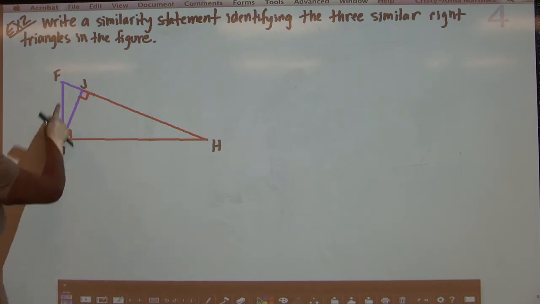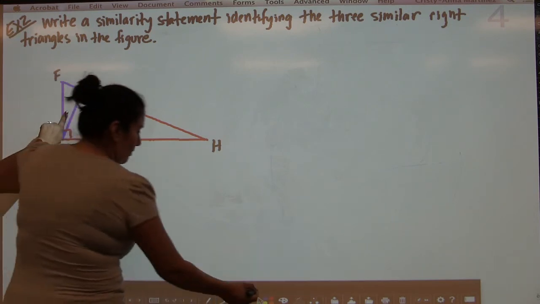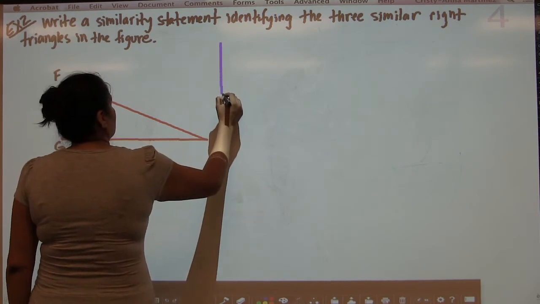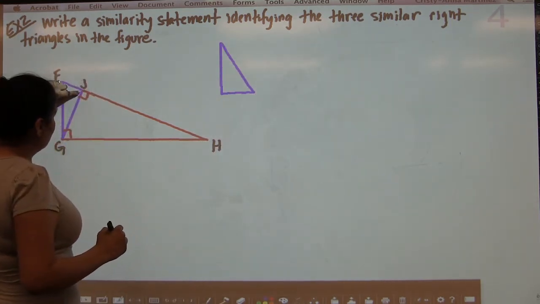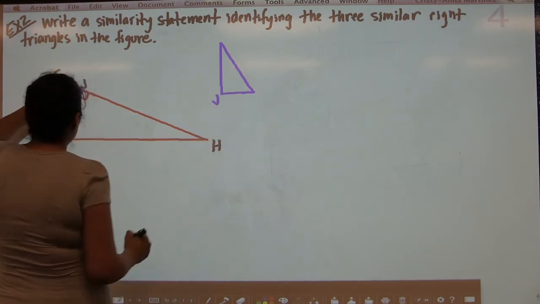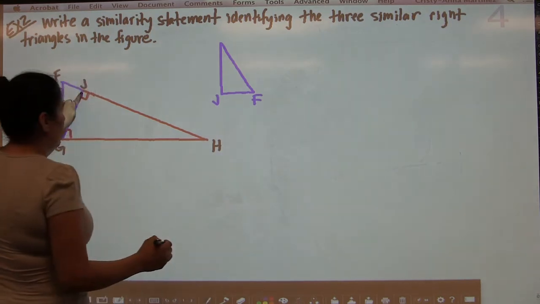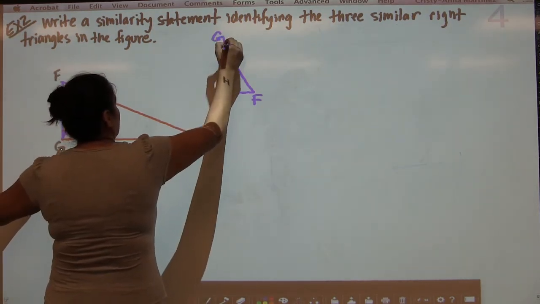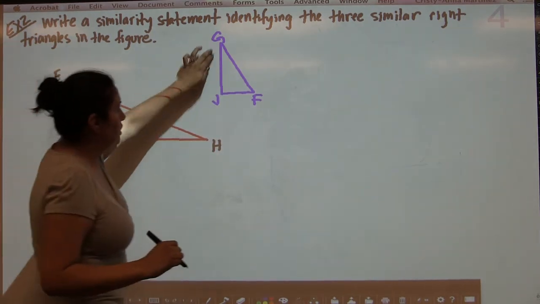But here we have F, G, H, and if I want to pull out the blue triangle, it's going to be like so. The 90-degree angle is J, and then the short leg is going to be F over here, so FJ is the short leg, and then G is over here. So we have GJF.